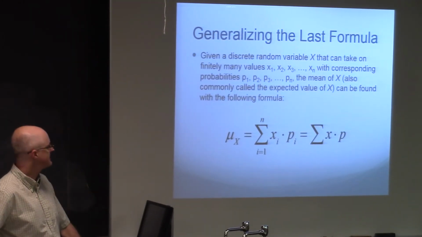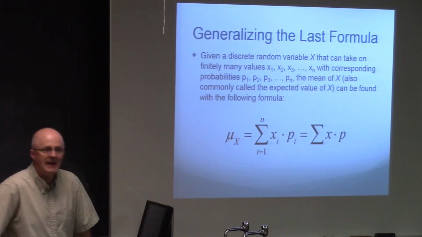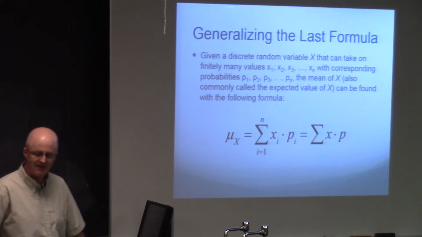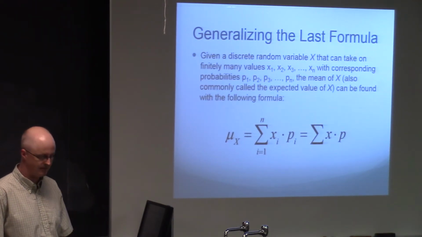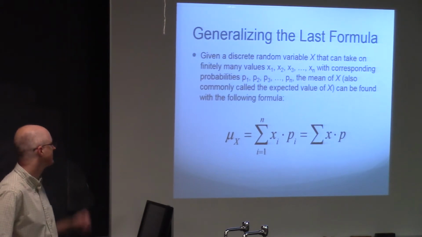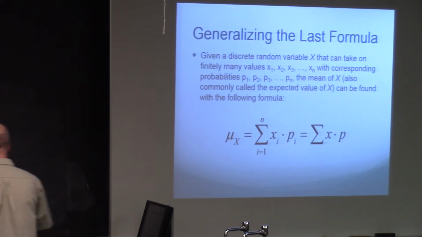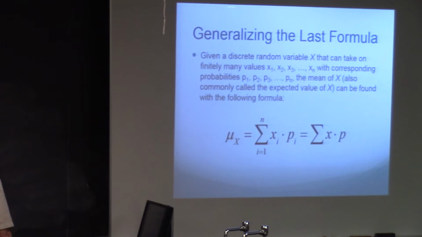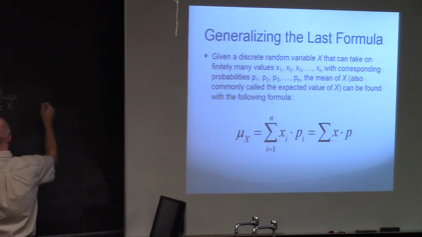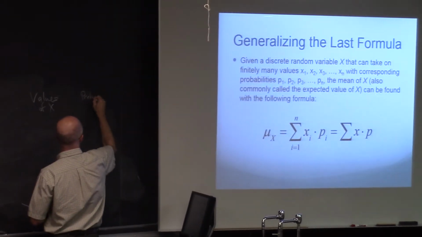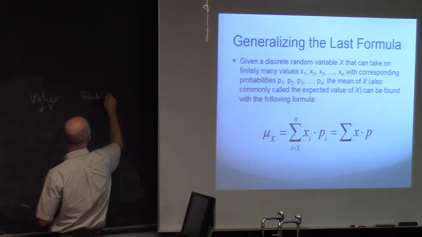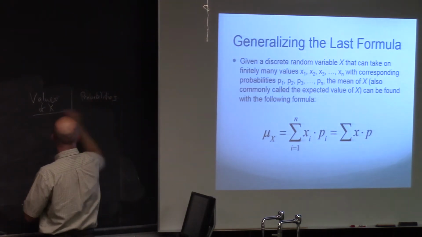Okay, what is this crazy looking thing? We've got a random variable. It's discrete, and in fact it's got finitely many different values you can take out, x1 through xn, and corresponding probabilities, p1 through pn. You can make a little table even. Values of x and the corresponding probabilities.